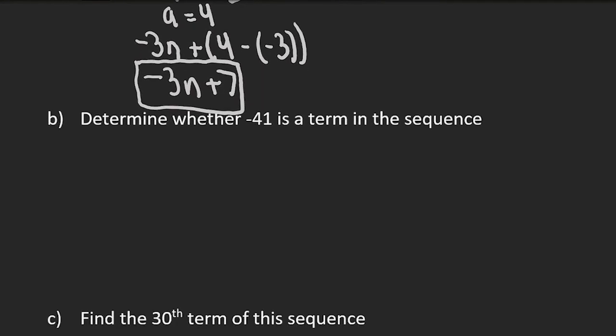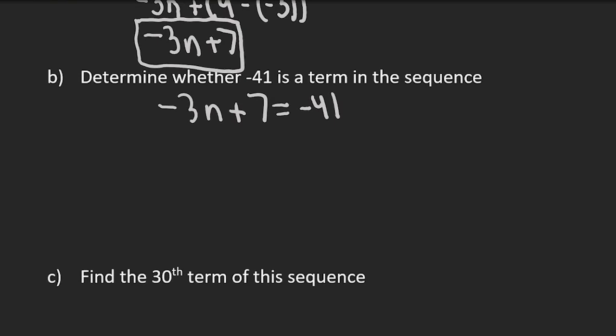The next question says, determine whether negative 41 is a term in the sequence. So we would say negative 3n plus 7 equals negative 41. When we solve for n, we should get a whole positive number if negative 41 is a term in the sequence. So let's do that.